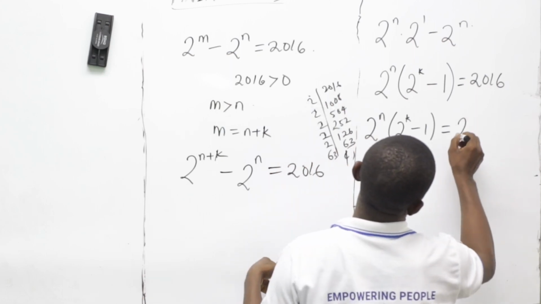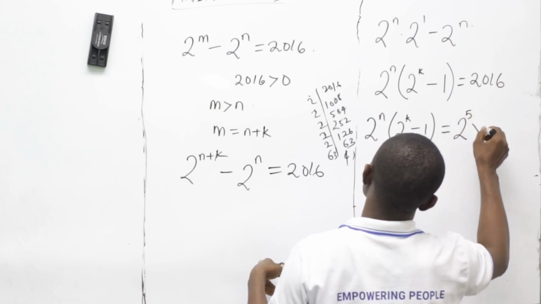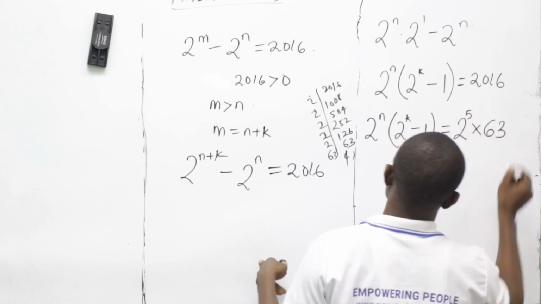That is 2 raised to the power 5 multiplied by 63.